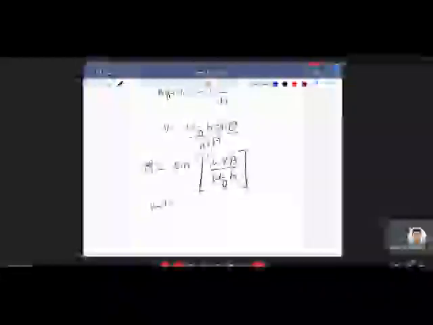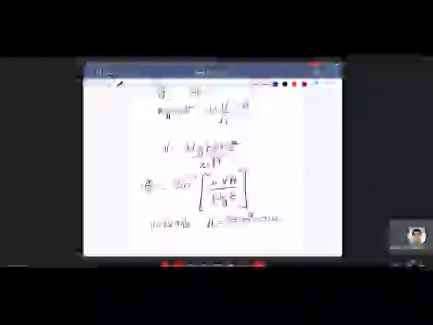Now, what all has been given here? We know that the velocity is 15 meters per second. The area is 35 centimeters square, and that is 0.0035 meters square.